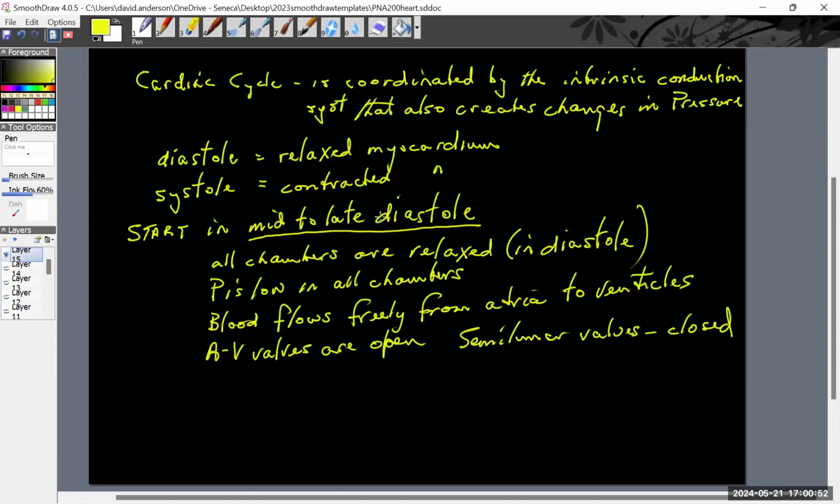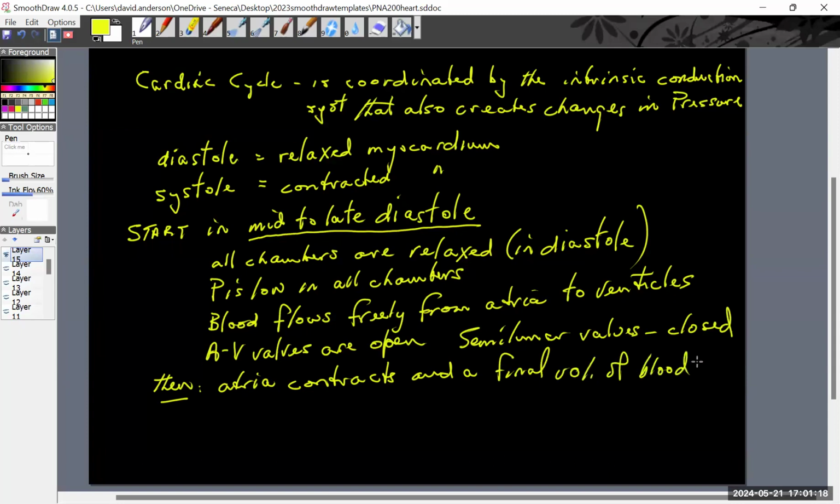And just as we approach the end of this phase, late diastole, then the atria contract. And a final extra little volume of blood will be pushed into the ventricle.